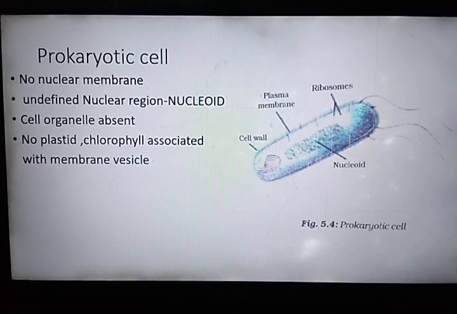Because of the absence of double membrane bound cell organelles, many of the functions of such organelles are also performed by poorly organized parts of the cytoplasm of the prokaryotic cell. With this, the prokaryotic cell is complete.